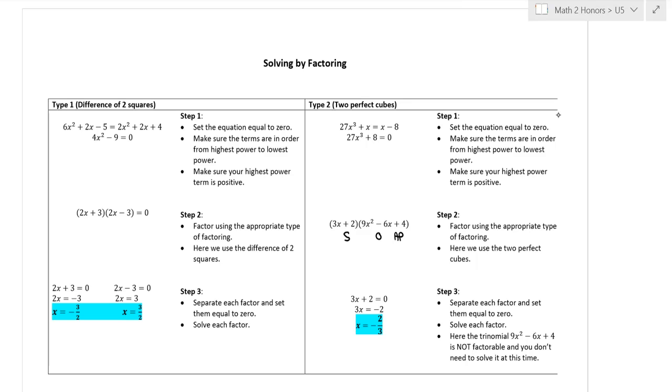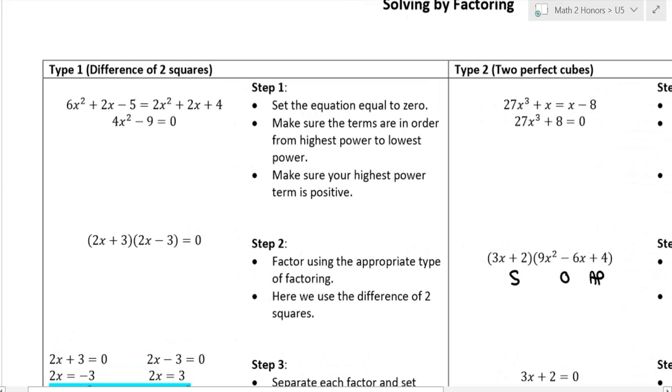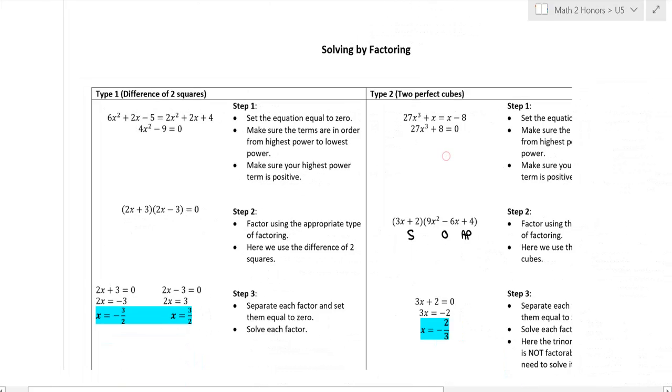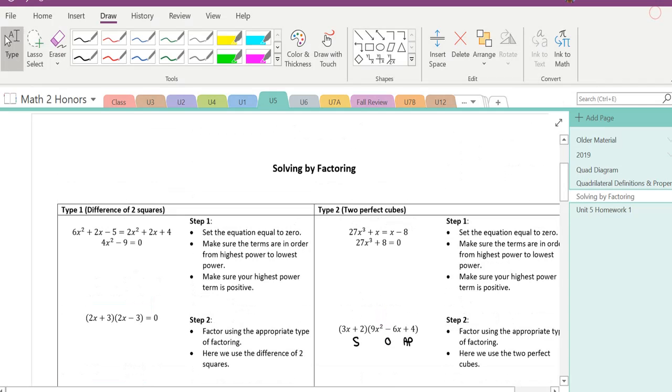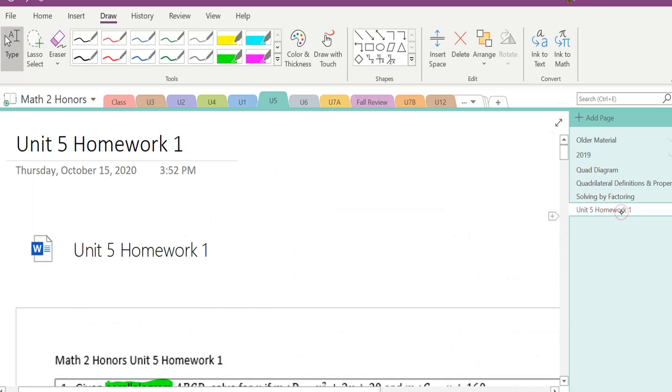So you just pick one and look at step 1. Step 1 says set the equation equal to 0, right? And then make sure the terms are in order from highest power to lowest power. Make sure your highest power term is positive. All the step 1s say that. So it doesn't matter which type, that's our step 1. And so back to our homework.